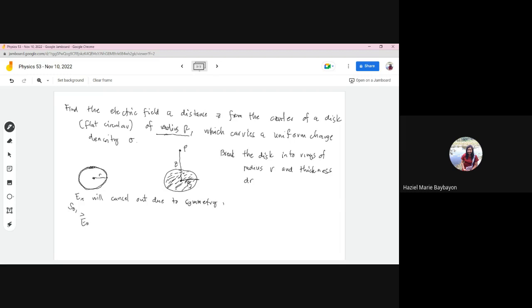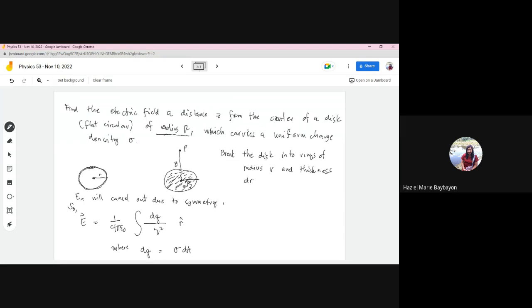So E is equal to 1 over 4 pi epsilon naught, the same as before, dq over r squared r hat. Here, since it is a surface charge distribution, dq is equal to sigma dA. Earlier, dq was lambda dl.